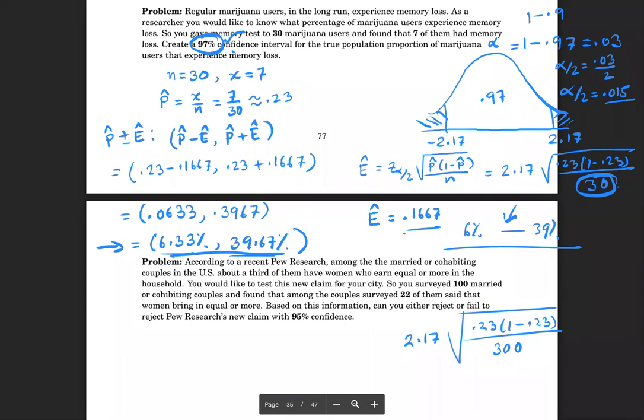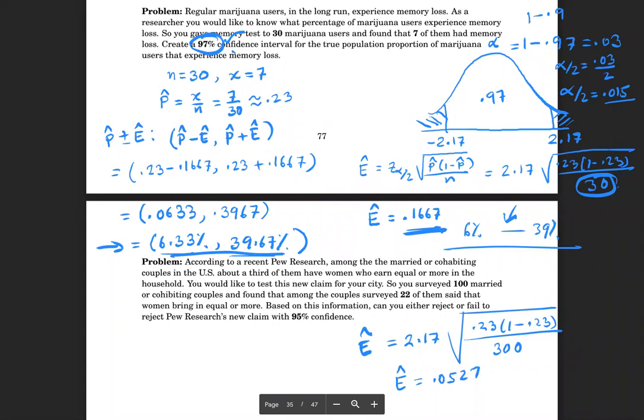The margin of error, from 0.16672, where does it go to? 0.23 times 1 minus 0.23 divided by 300, to the power 0.5, times 2.17. See, it goes down to E hat equal to 0.0527.